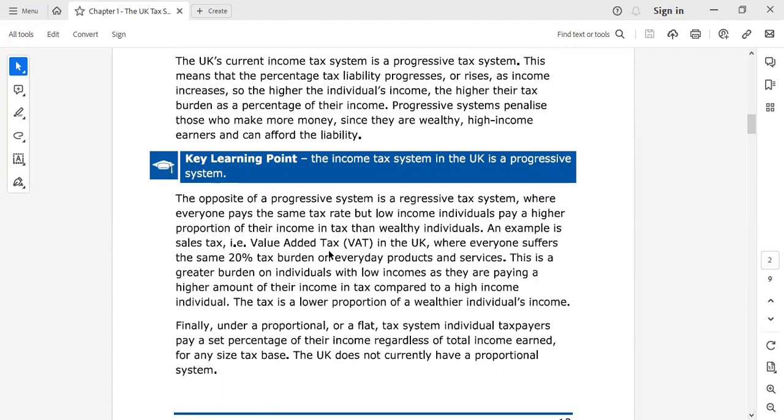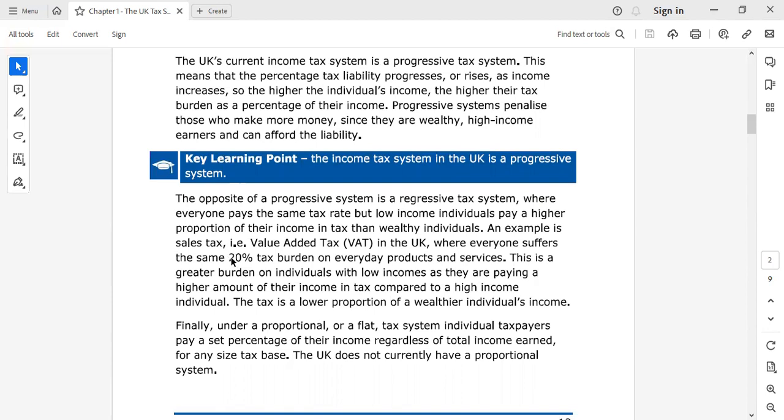If you go to a petrol pump like Tesco, Sainsbury's, Asda, wherever, you have to pay a 20% flat VAT on your petrol. It does not matter if you are rich or if your income is less. You have to pay a flat rate of 20%.